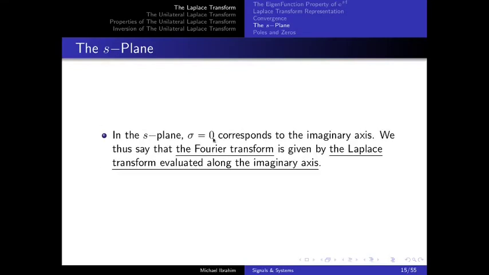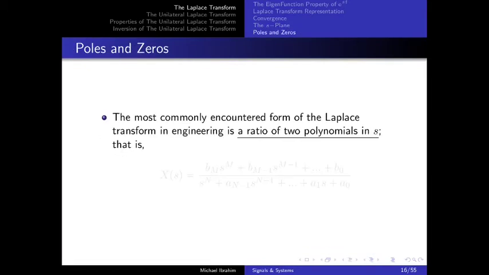So in the s-plane, if sigma equals 0, this corresponds to the imaginary axis. We say that the Fourier transform is simply the Laplace transform evaluated along the imaginary axis, the j omega axis. The most commonly encountered form of the Laplace transform is the form of a rational function.